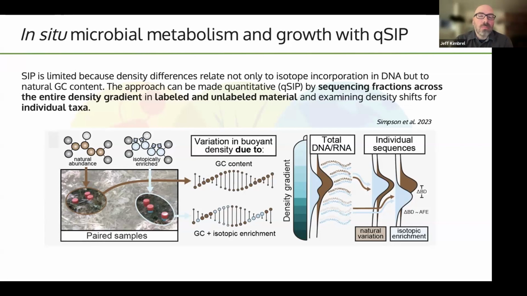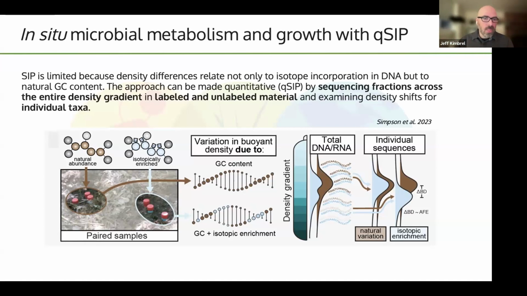So you might be mislabeling a high GC microbe as active just because it does naturally centrifuge down to those higher densities. Similarly, you might have low GC content organisms that, even though they're taking up substrate, might not actually be heavy enough to come into whatever it is that you labeled as an active portion.